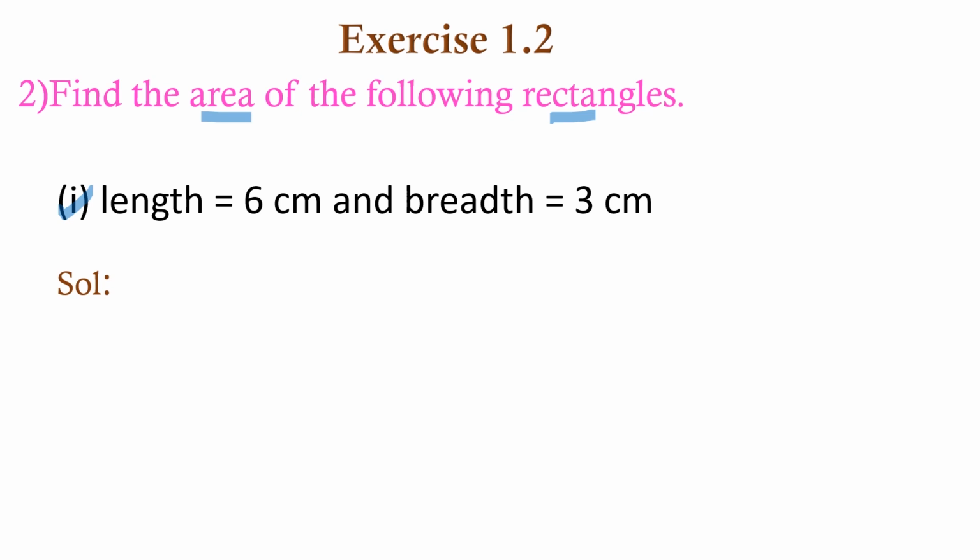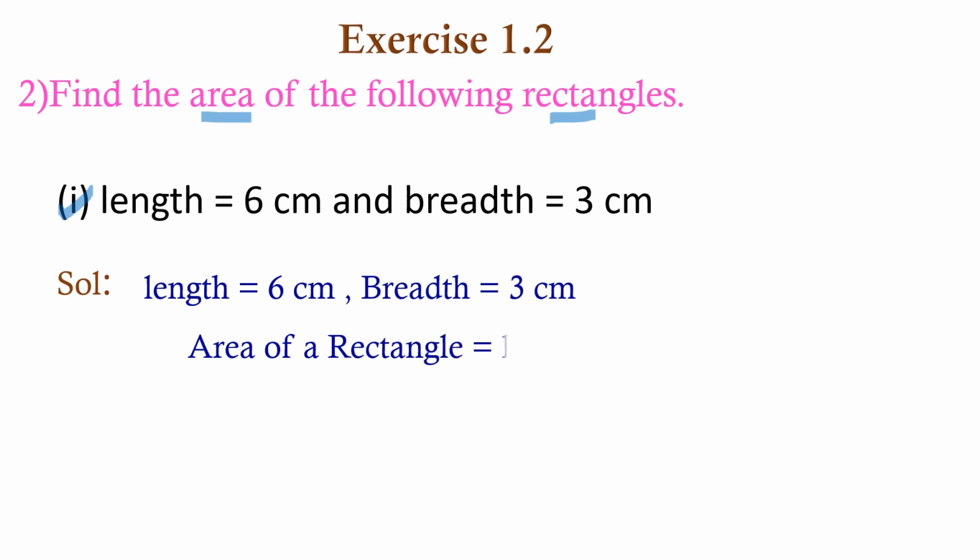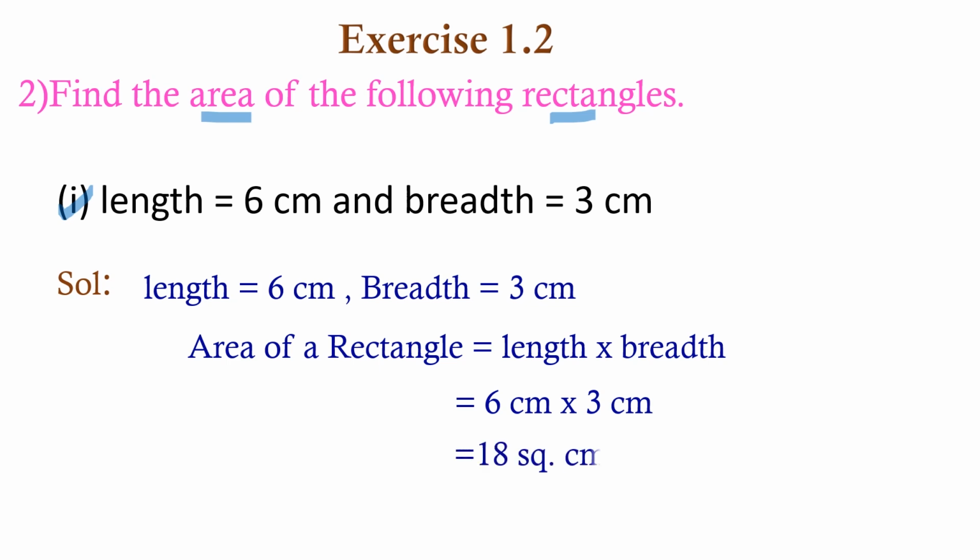To find out the area, first write down the measurements. Length equal to 6 centimeter, breadth equal to 3 centimeter and area of a rectangle equal to length into breadth. Substitute the values in this formula, equal to 6 centimeter into 3 centimeter. 6 3s are 18 square centimeter.